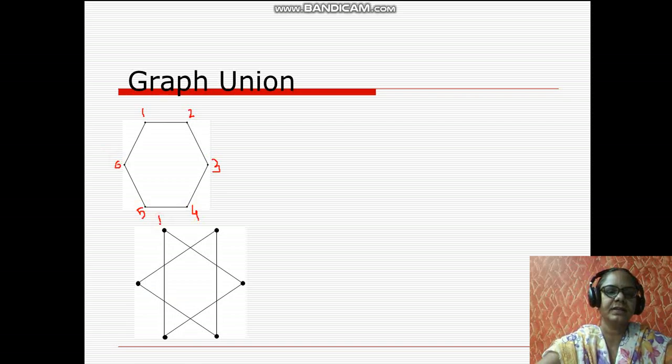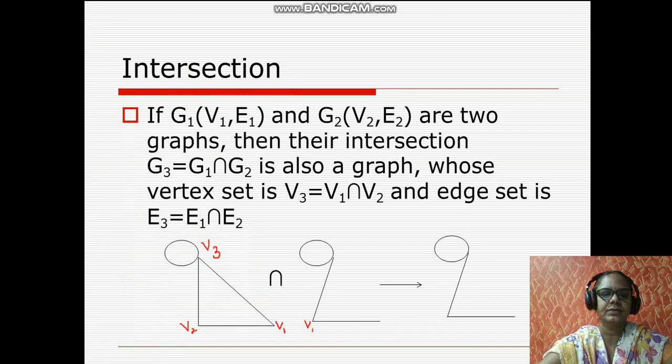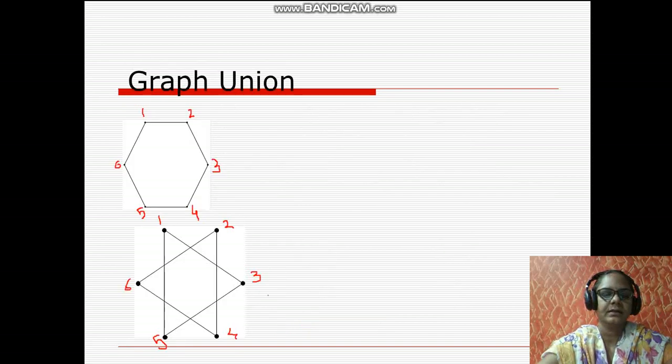Similarly, this is vertex 1, 2, 3, 4, this is 5, and this is 6. If you join these two, that is, combine these two, what will happen? You overlap this with this, and the combined graph that comes is the union of these two graphs.